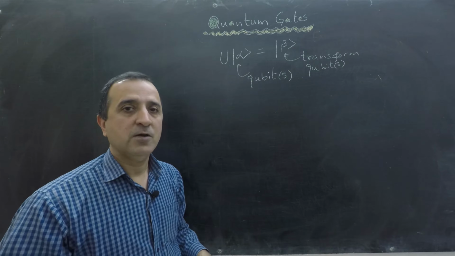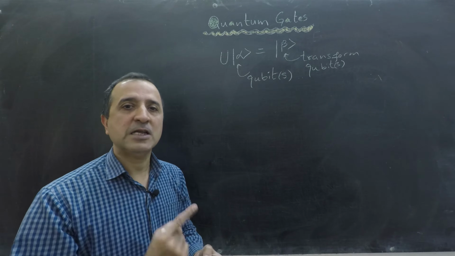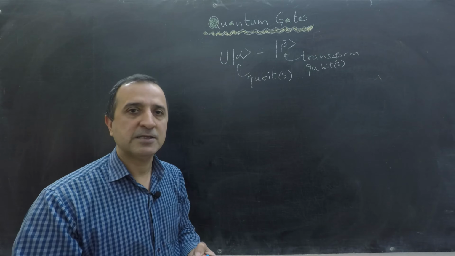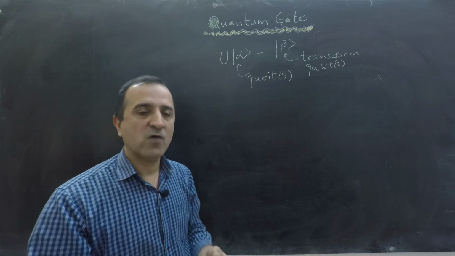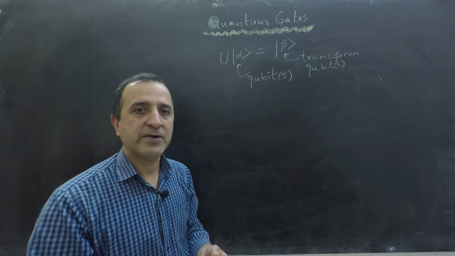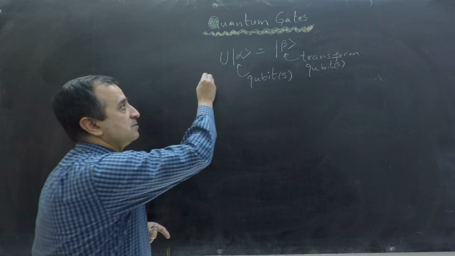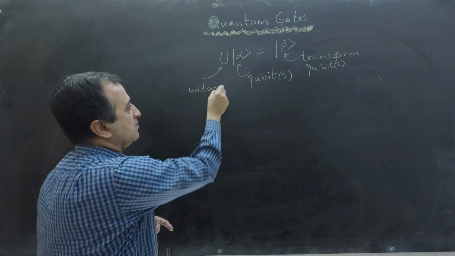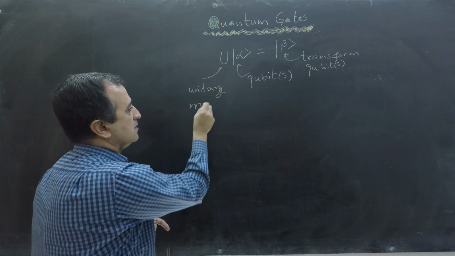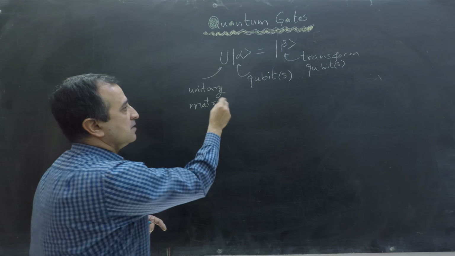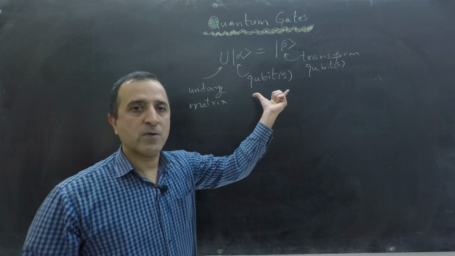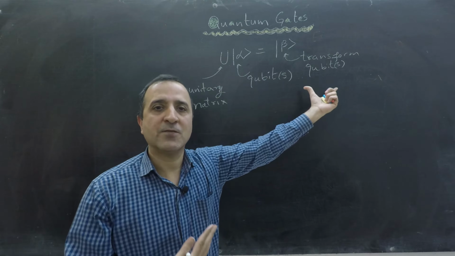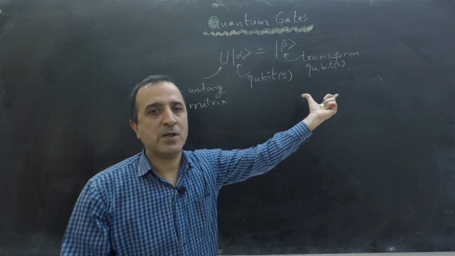And that's why we know that there is only a single type of matrix that can preserve the norm of a vector, which is called a unitary matrix. So this must be a unitary matrix, because otherwise the sum of probabilities equals 1 and the transformed qubit has sum of probabilities equal to 10, which will be wrong.